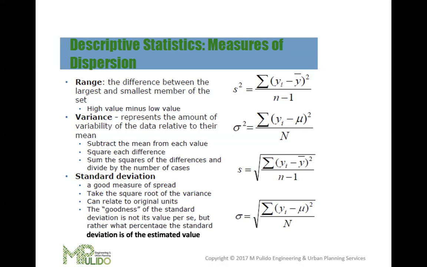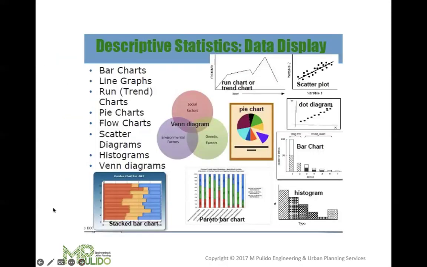We go to the next slide. So data display, a lot there. There's Venn diagram, pie chart, dots, scatter plot, bar. This is just showing you how data could be displayed, or it could be diagrammed or drawn.